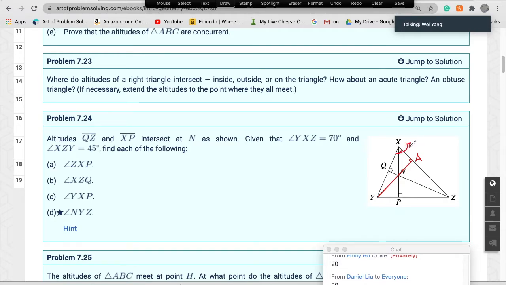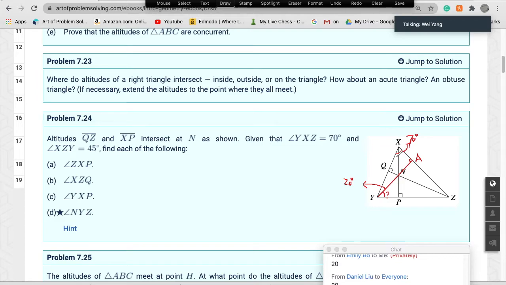This one equals 70 degrees, that means this angle will equal 20 degrees, right? They ask you NYZ. They ask you what is this angle? This angle will equal XYP minus this angle, 20 degrees.